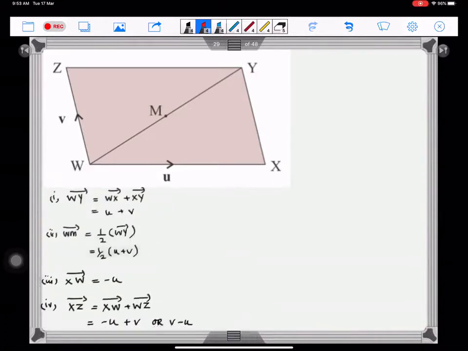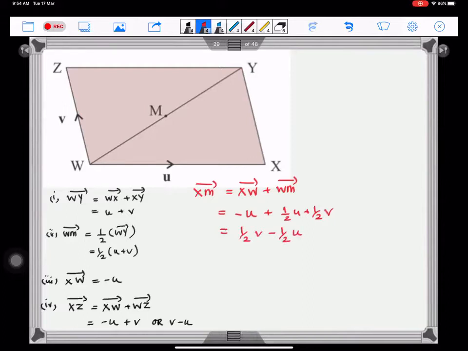Okay, that's neat. Now, going from X to M, XM is XW plus WM. What is XW? Minus U. What is WM? WM is half U plus half V. That is half V minus half U.